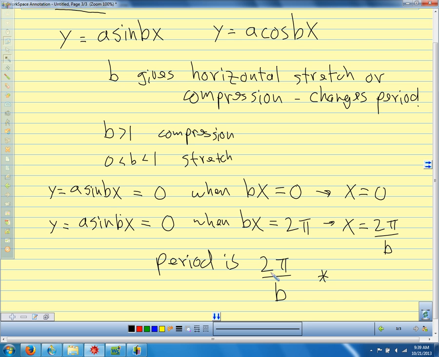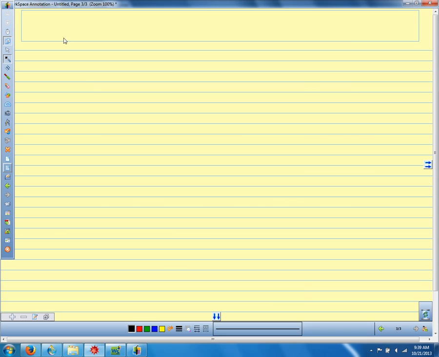So let's take a look at an example using B, using a vertical or horizontal stretch or compression. So any questions on how we came up with how the period changes? Okay. So we have y equals, for this example, cosine 2x. So our amplitude is 1.